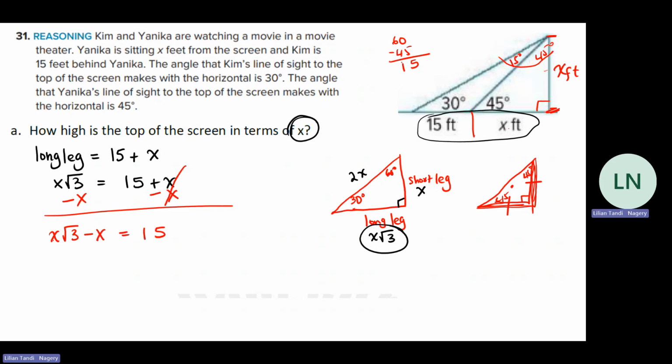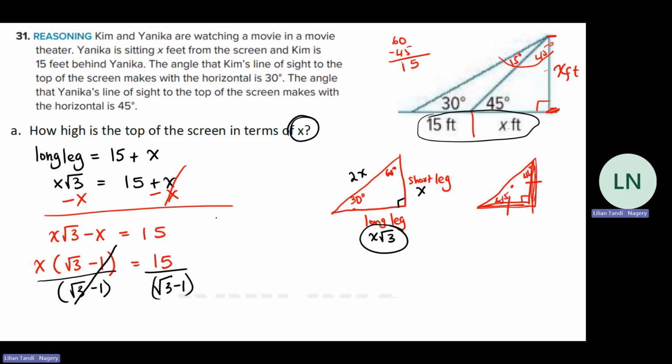Now, who is the common term here? X. So I will take X outside. I will put square root 3 minus 1, and that will give me 15. I want X by itself. I will divide both sides by square root of 3 minus 1. So this goes away.